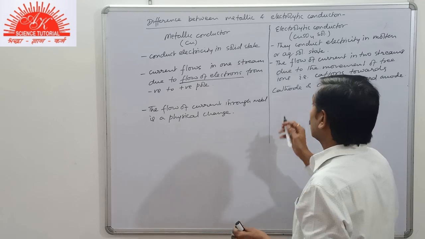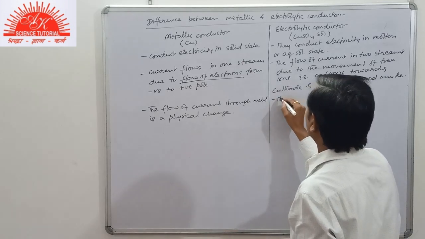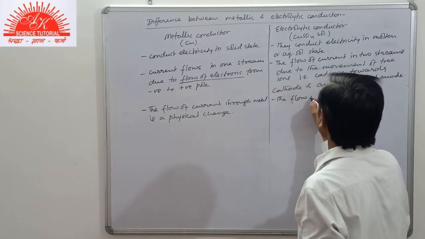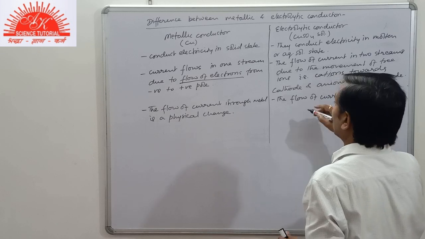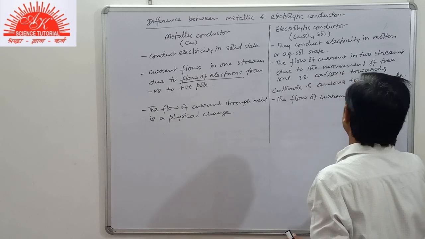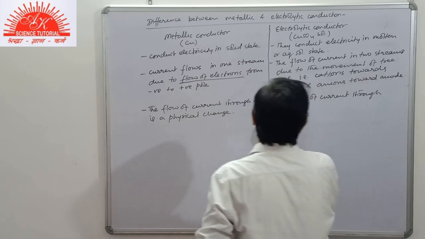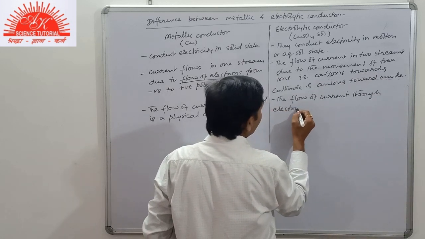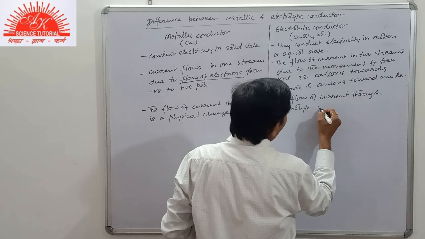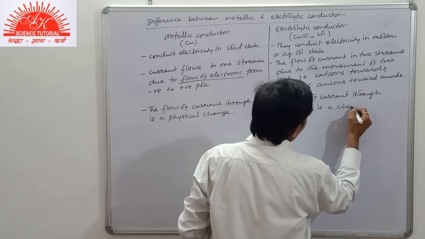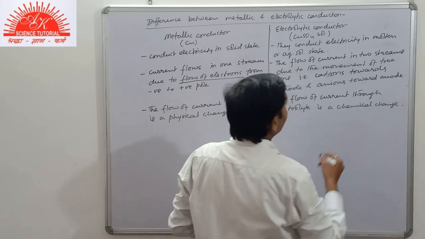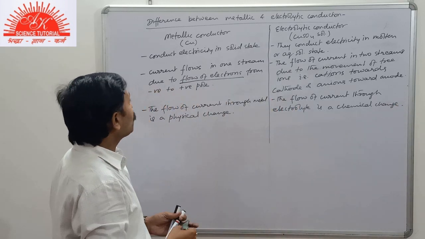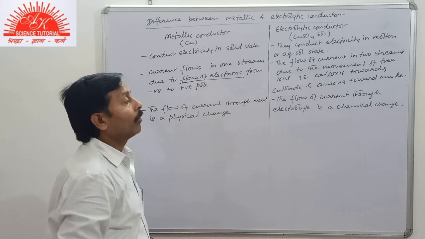But the flow of current through an electrolyte is a chemical change. Chemical change means during this process new substances are formed.